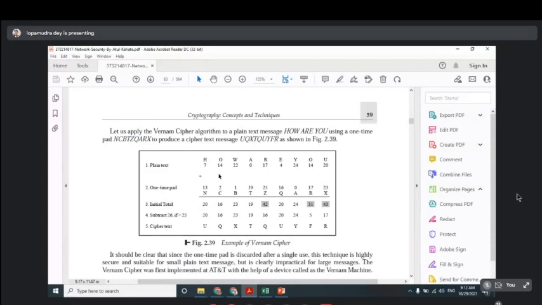First of all, every alphabet will be replaced by the corresponding position. So this plain text becomes a set of digits, written as per the position of the alphabet in the English alphabet set.